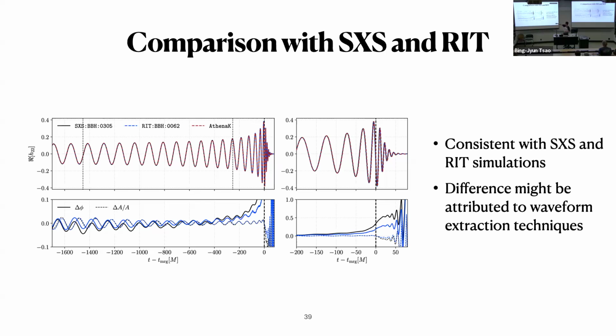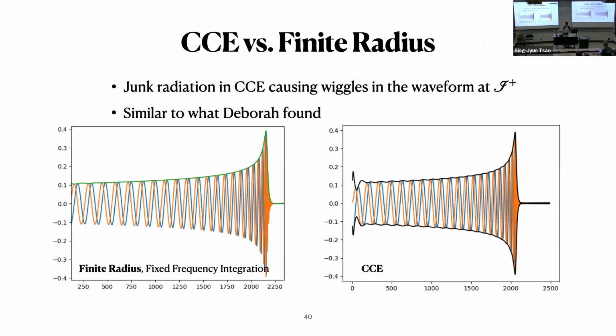Though in looking at these plots, you see these wiggles in the phase difference. After Deborah's talk, I looked a bit at the junk radiation in the CCE region, and found that much of that is probably attributed to that. On the left, we are showing a finite radius strain that we calculated through a fixed frequency integration. You can see that the amplitude for this 2-2 mode is very smooth, and it doesn't seem to be affected by eccentricity.